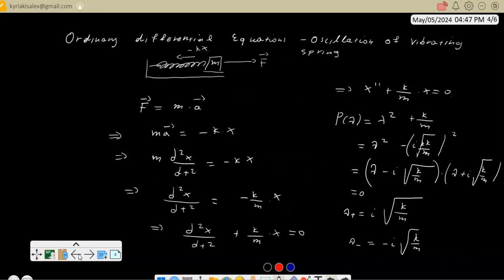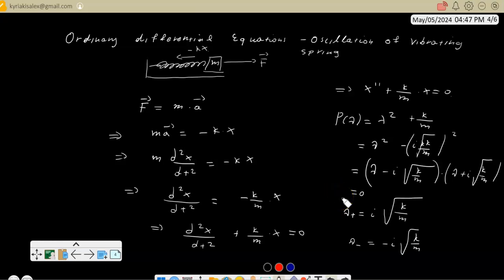The movement of a vibrating spring can be described by an ordinary differential equation. We use Newton's second law of motion, and we obtain a homogeneous linear second order ODE with constant coefficients.